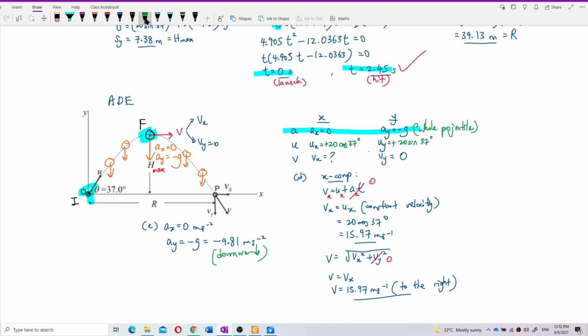The direction is downwards all the time. For a vector you must give the magnitude and also the direction.